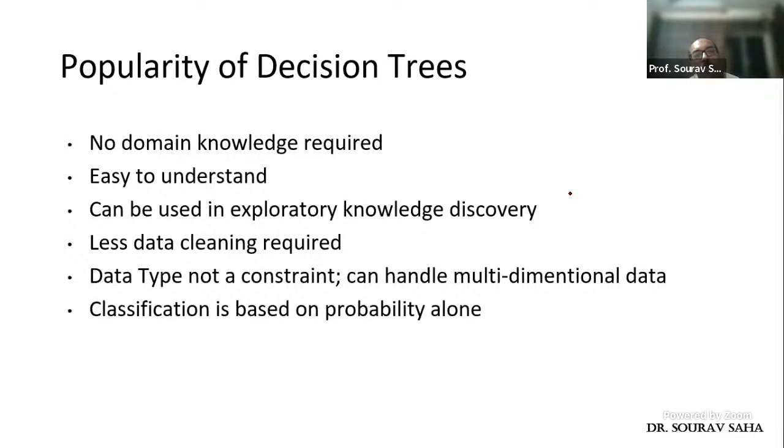In the case of a decision tree, you are using the impurity values, and whichever feature has the lowest impurity value, that is the one leading to the maximum reduction in the impurity.